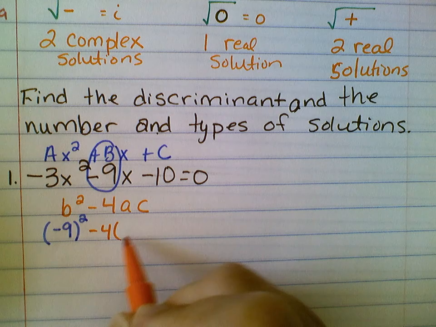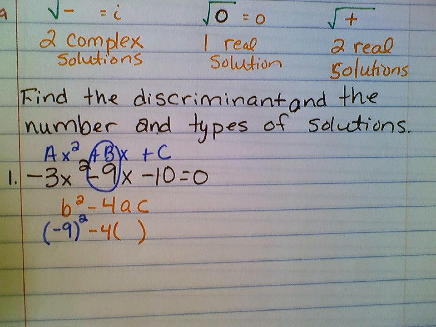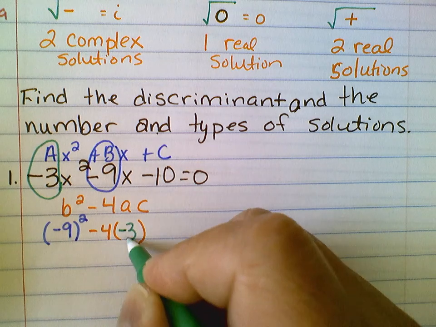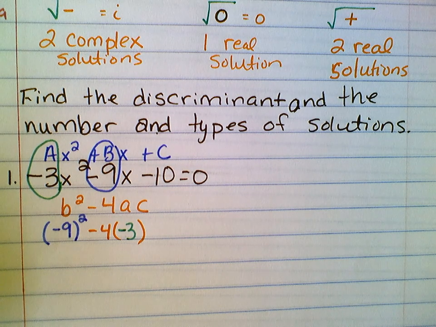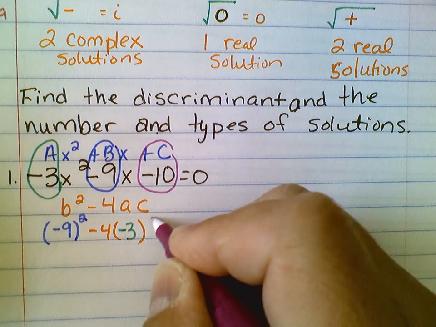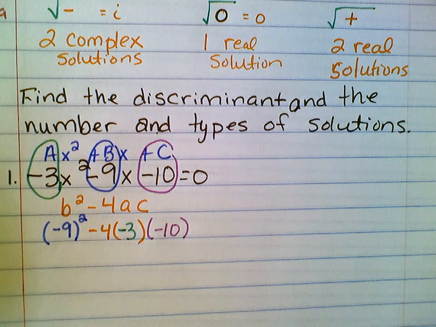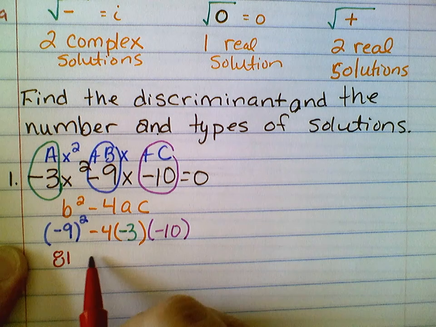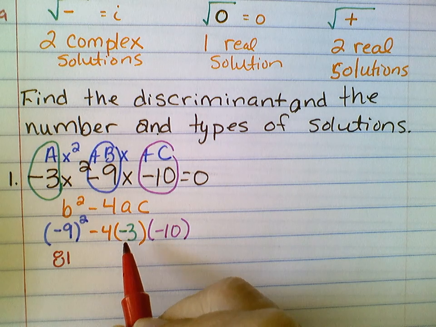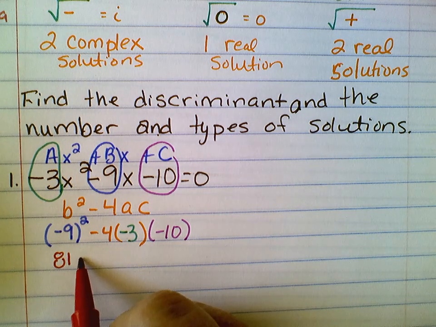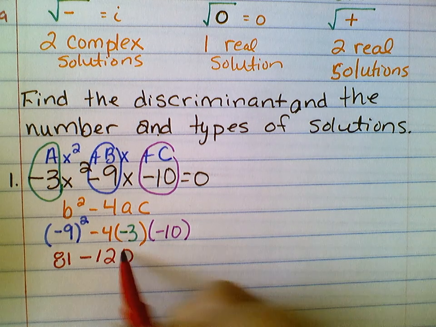Minus 4 times the a, and what's our a? Negative 3 times the c. And what's our c? Negative 10. All right, so what do we have here? We have negative 9 squared, which is 81. Negative 4 times negative 3 is a positive 12, times negative 10 is a negative 120.